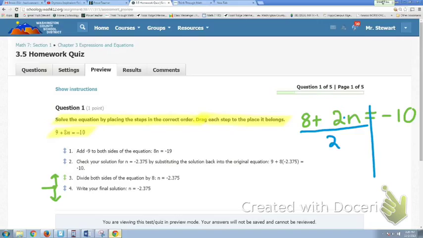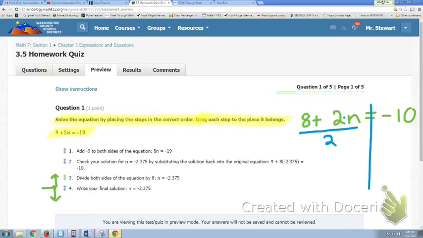You need to understand that whatever I do to one side of the equation, it happens to the entire expression on that side. So when I took away 8 from both sides, I literally took 8 away from this entire expression. The only result was that it canceled out this positive 8. But now I need to divide the entire quantity by 2.